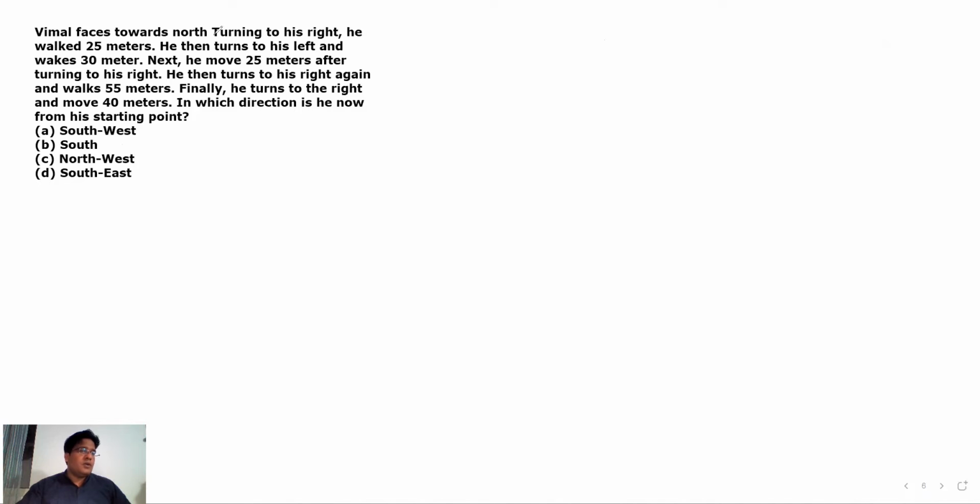Vimal faces toward north, turning to his right. Vimal is standing here. Turning to his right, he walked 25 meters. He walked for 25 meters in this direction, that is east. He turns to his left and walks 30 meters. The left should be in this direction, walk for 30 meters.